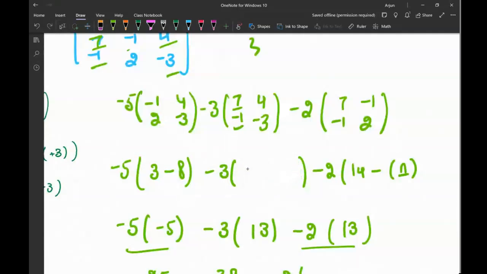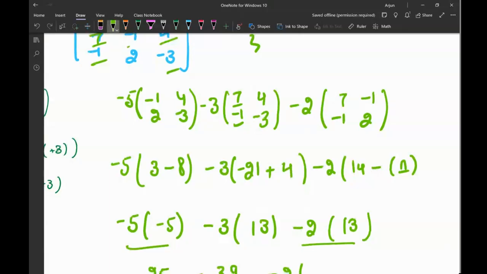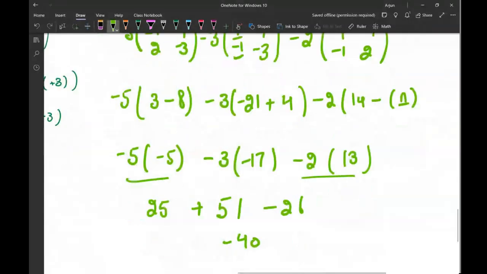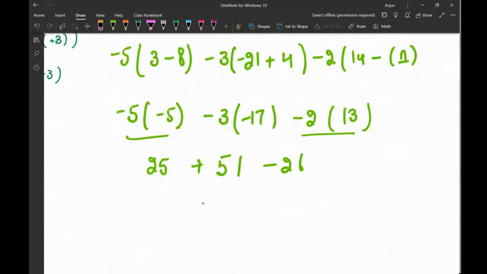Let me quickly see. 7 times minus 3 is minus 21, and this will be minus 4, and that's going to become plus 4 here. So plus 4, and now this will become 17, minus 17, and this is going to give me plus 51, and 51, so that's going to give me 50 as the answer, because minus 26 plus 25 is minus 1, and 51 minus 1 is 50.